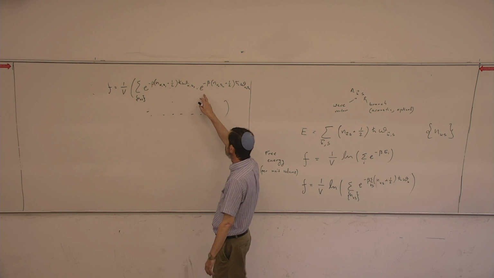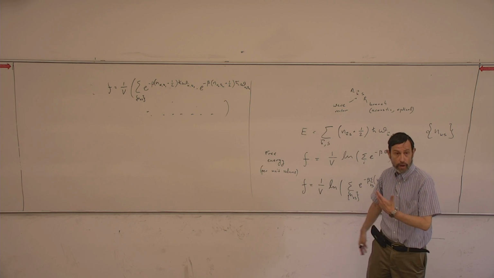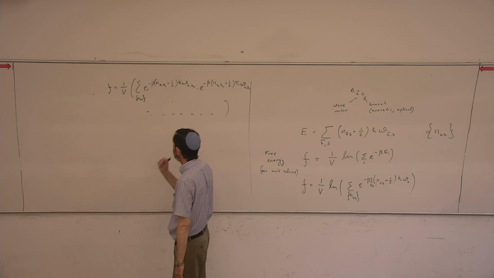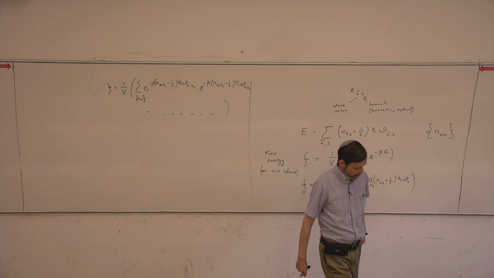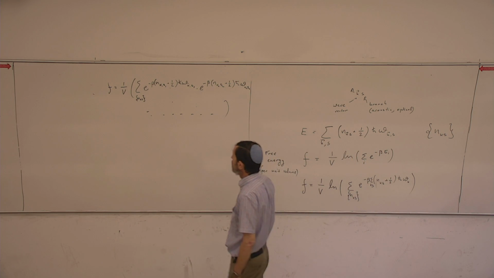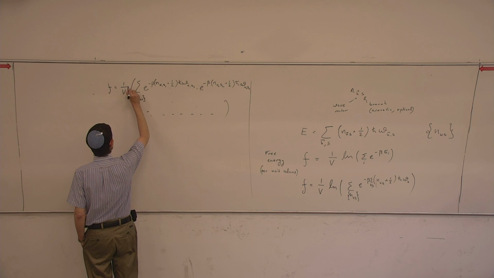So I'm using the notation k1 s1, k2 s2, all the possible states of the system, and so on and so forth. And here of course I forgot the lab.